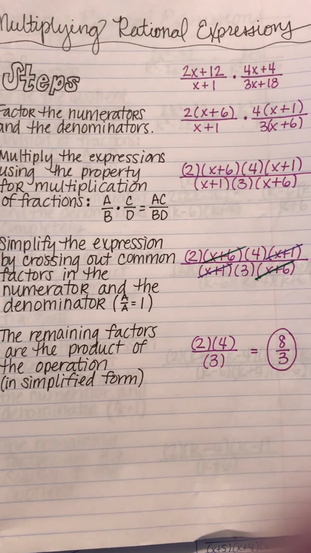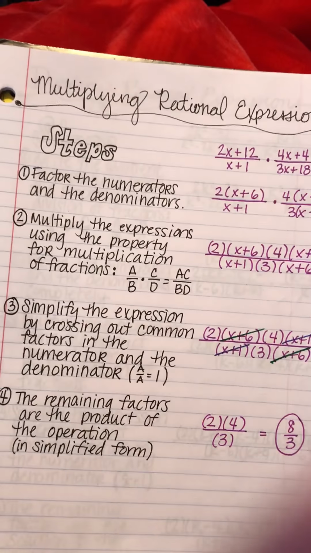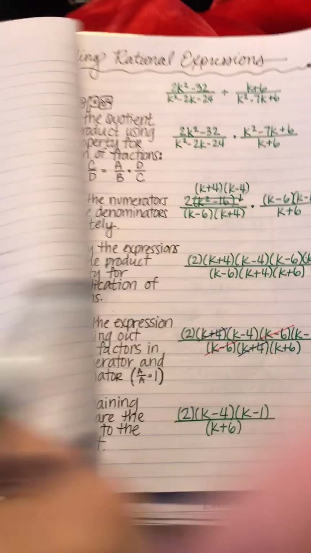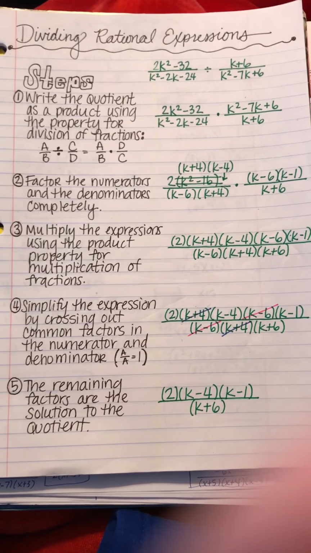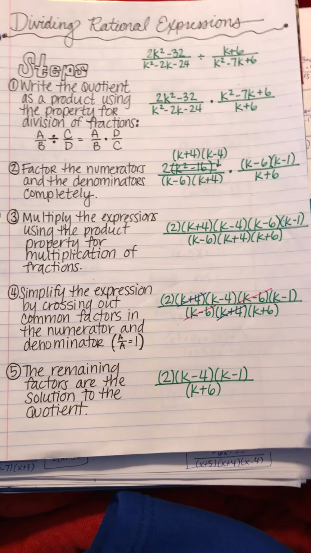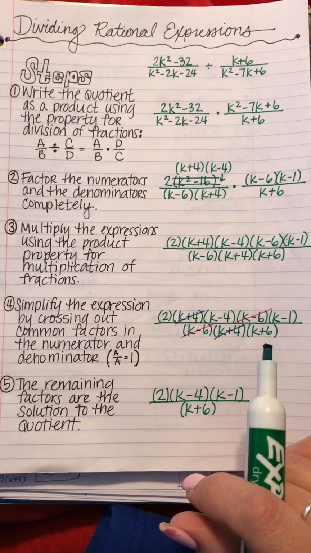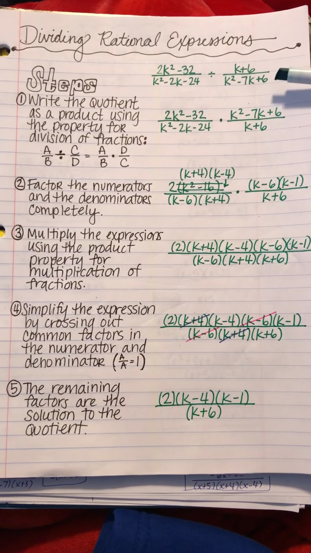Here again are the steps for multiplying rational expressions. Let me flip the page. These are the steps for dividing rational expressions. If you compare them to the steps for multiplication, the only difference in division is the first step, where it starts out as a division problem.